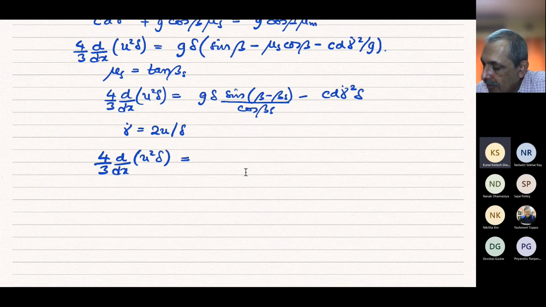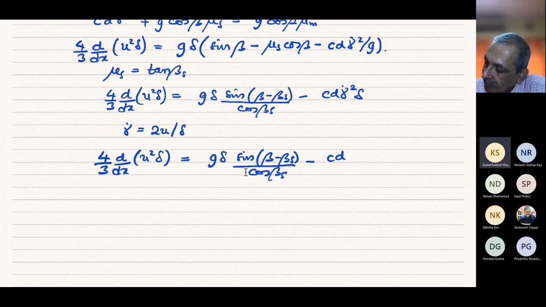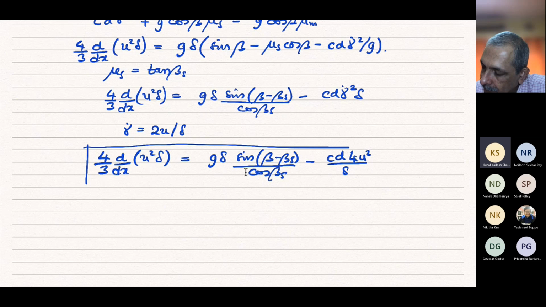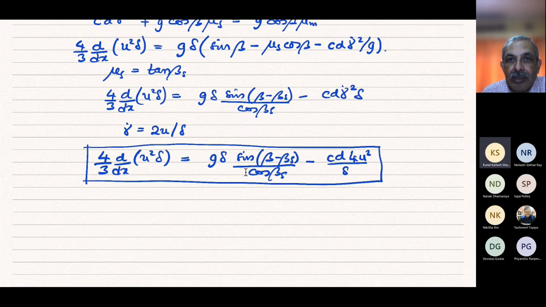U squared delta is equal to g delta sine of beta minus beta s divided by cos of beta s minus cd. Now this becomes 4 u squared divided by delta squared multiplied by delta. So then there's just one delta at the bottom. So this is what our momentum balance equation looks like. This is in terms of u and delta.